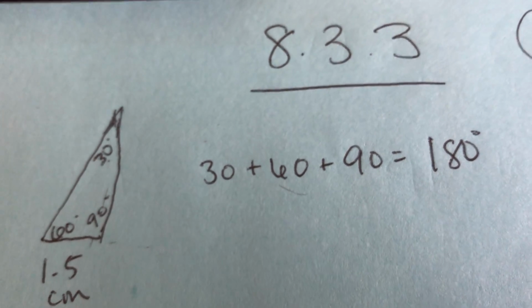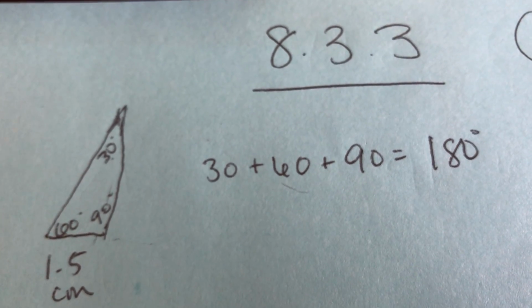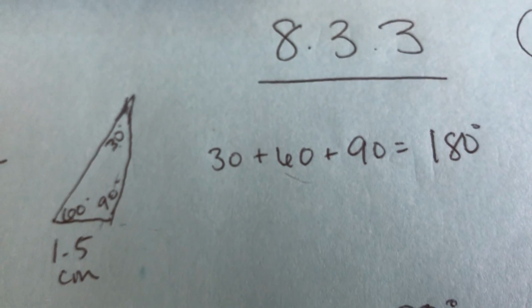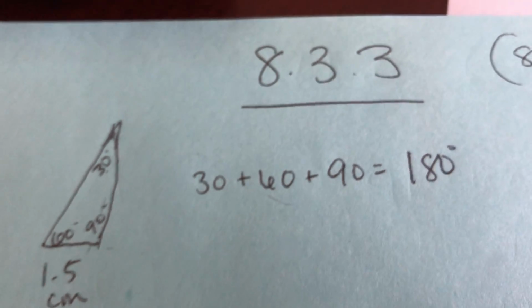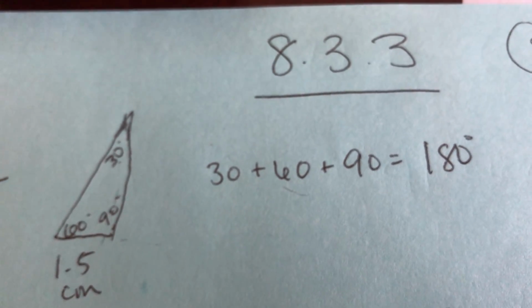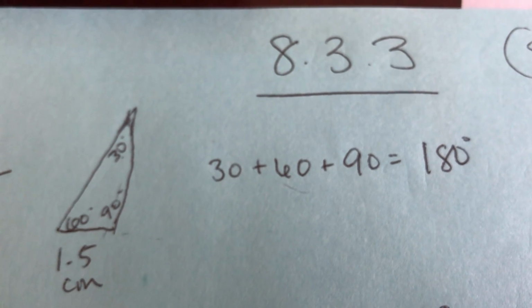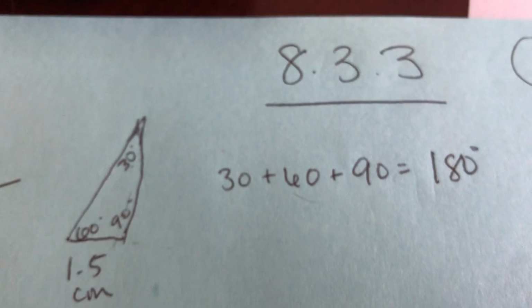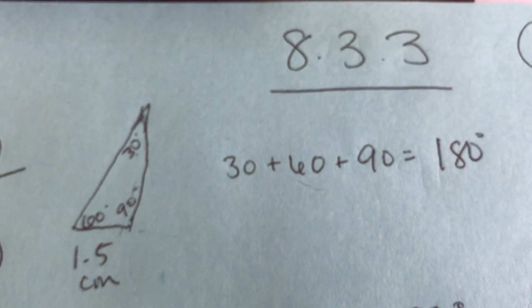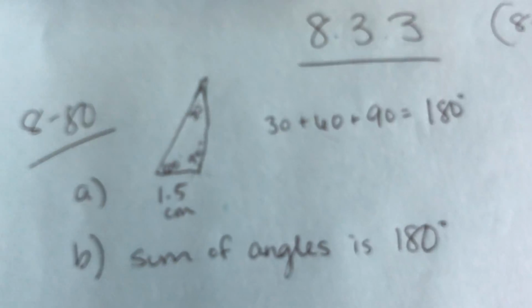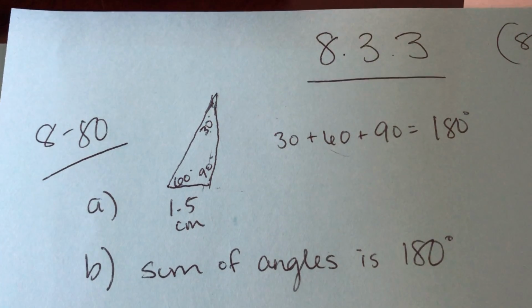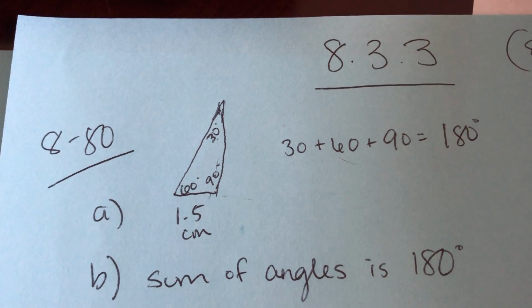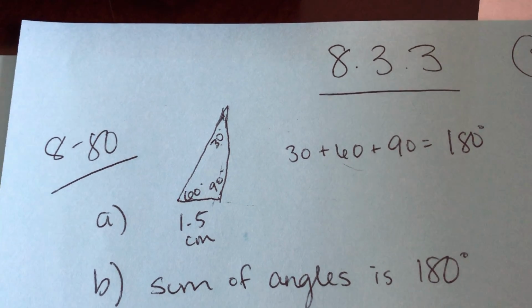If we had been doing this in class and we had a bunch of other triangles to compare with our team members, we would notice that all of our triangles' angles would add up to 180. That is going to be the whole takeaway from this problem. For part B, it says to write a conjecture.